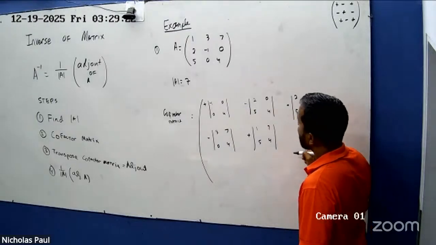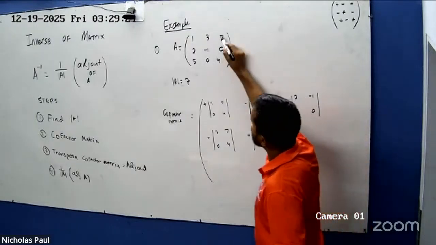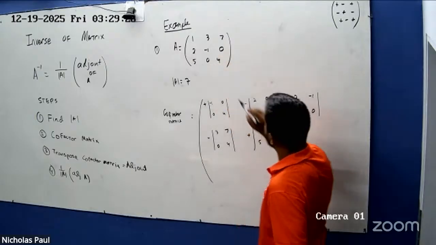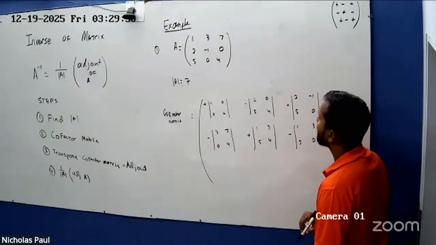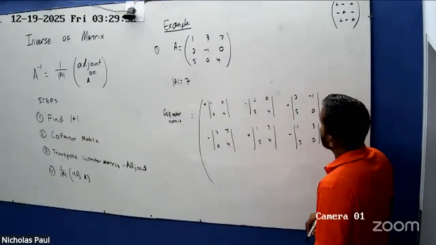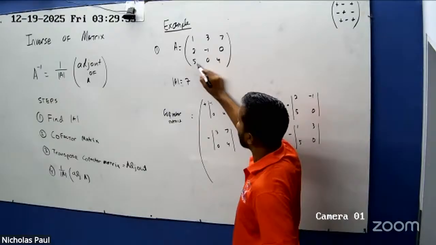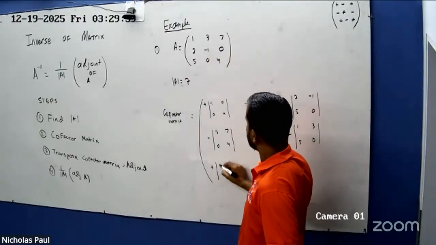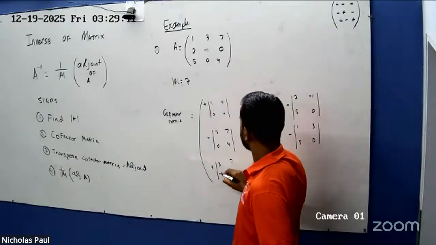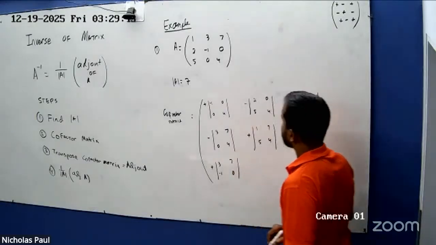Then here, that's a minus. Cancel here and here, 1 3 5 0. Next one, 5, cancel here and here, 3 7 2 minus 1.